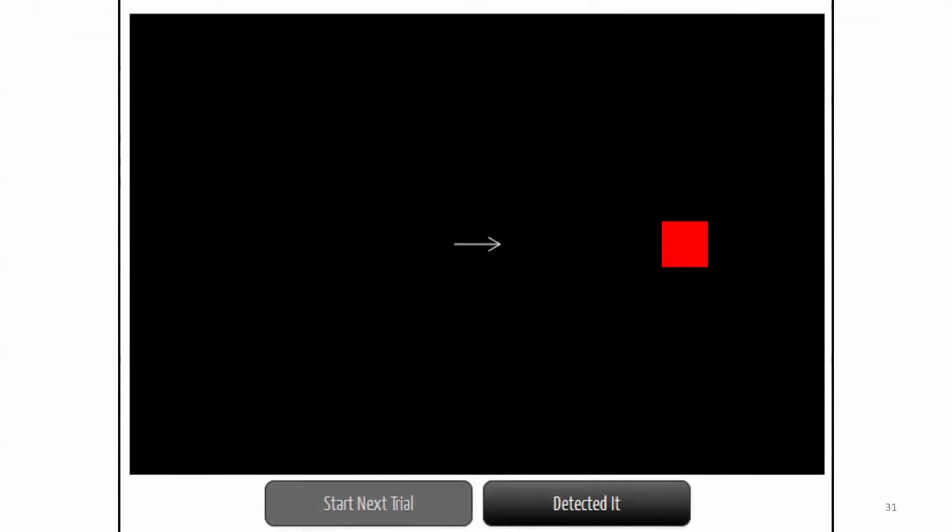Makes sense because when that arrow pointed to the right, your attention was moved to that right location, which means that you were processing that location already. You were already dedicating serial parallel processing streams to that particular location. So when that red square popped up there, it was very quickly processed and you were able to respond with a very short reaction time.